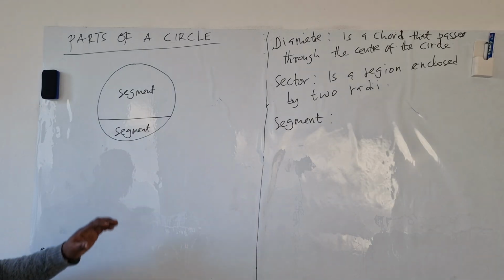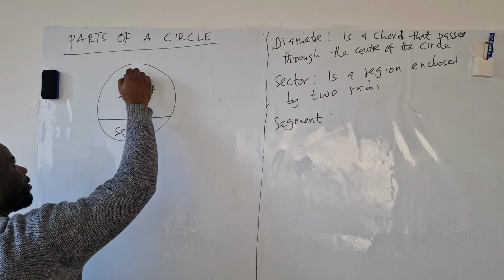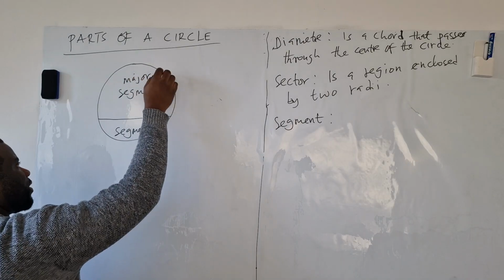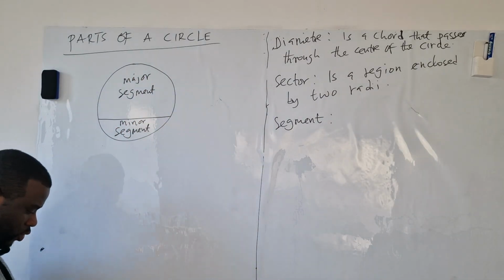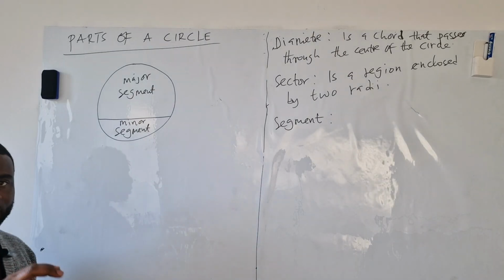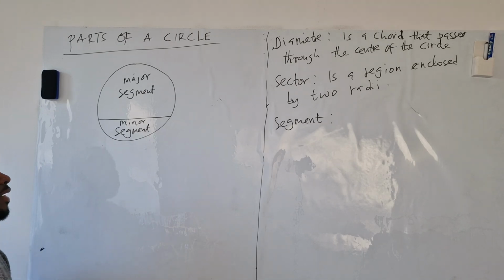But I realize that with the segments, one is bigger than the other one. The bigger one, we call it major segment, and the smaller one, we call it minor segment. So whenever there's a chord in a circle, it gives rise to two segments, the major segment and the minor segment.